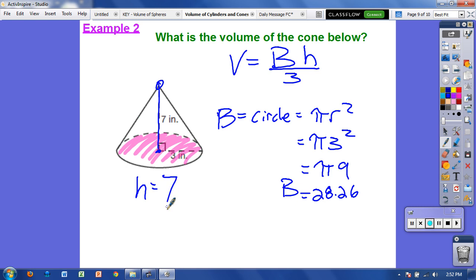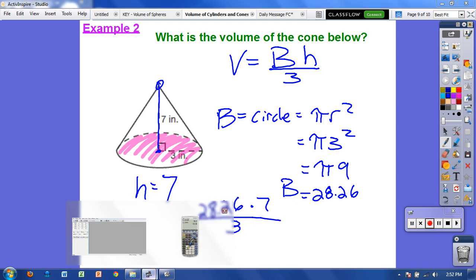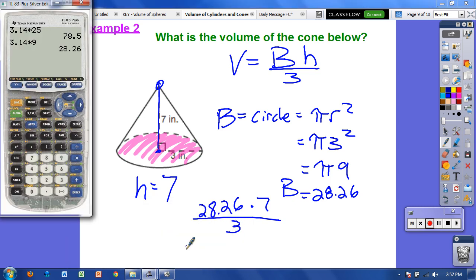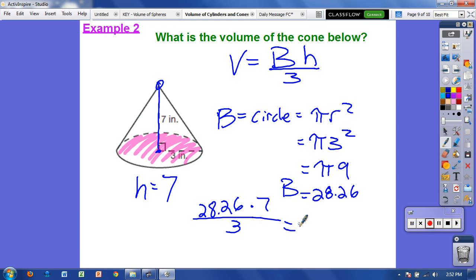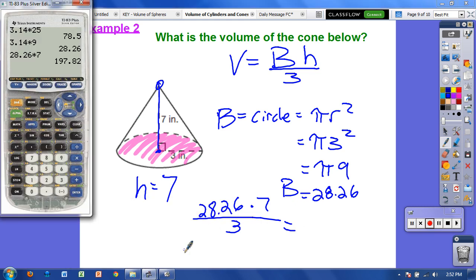And so now we do 28.26 times 7, and then all of that divided by 3. I already have 28.26 times 7, which is 197.82.